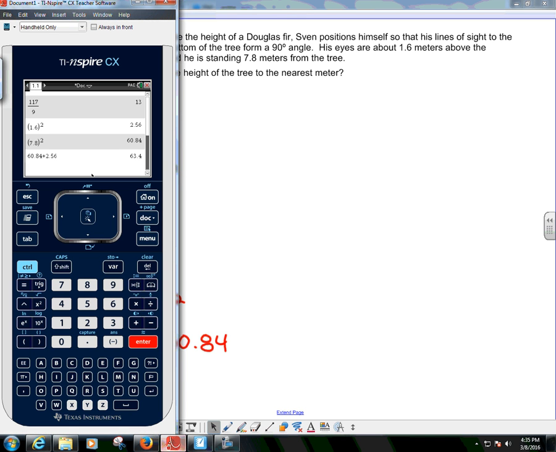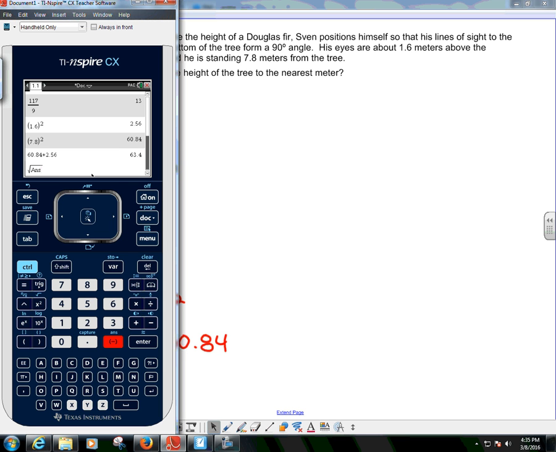So this is not a problem that we're going to do in simplest radical form. It actually tells us to round to the nearest meter. So I'm going to take the square root of 63.4. And on this calculator, I can hit control and this little minus sign down there. Above that, it says answer.